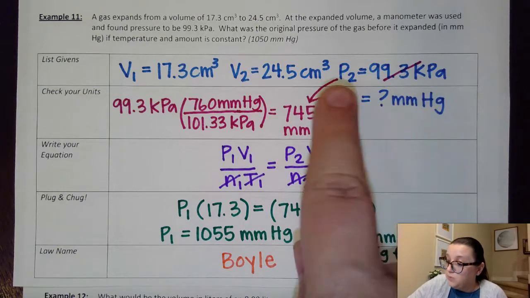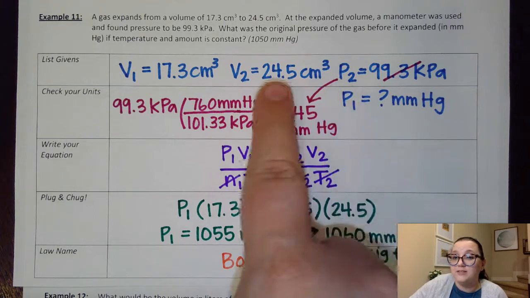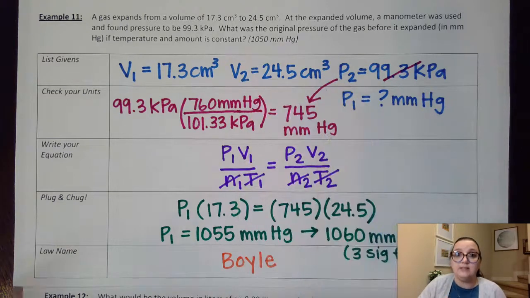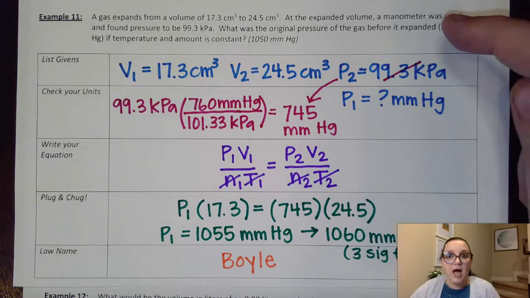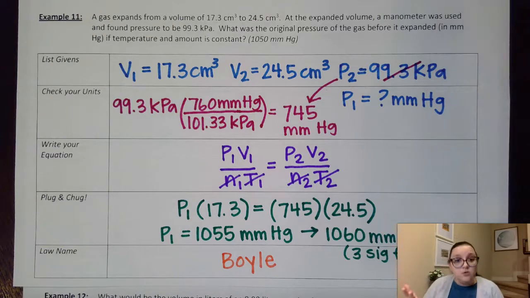So I did want to make sure that that volume and pressure went together, so I assigned those the second set of conditions. By the way, a manometer is just a type of piece of equipment we can use to record pressure. Manometers measure an experimental pressure inside of a container, whereas a barometer measures environmental atmospheric pressure.